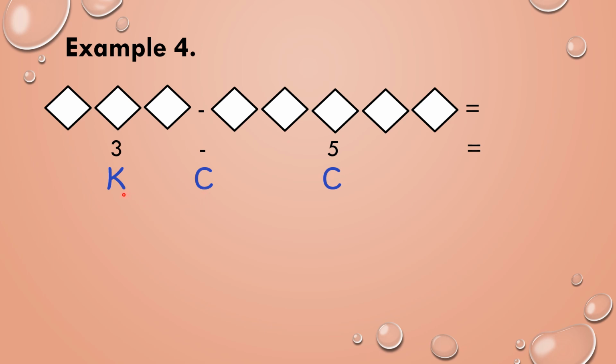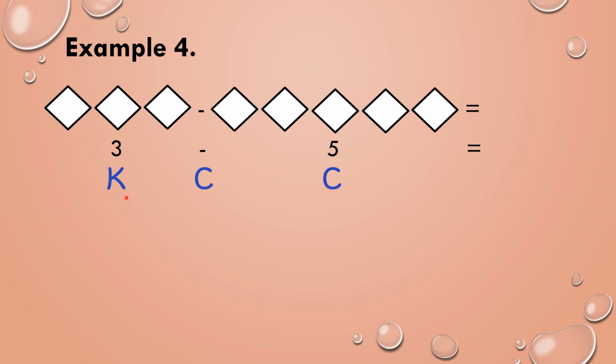Yung K, itatapat natin sa unang number, which is the positive 3. Yung unang C, itatapat natin sa minus sign. And then, yung pangalawang C, itatapat natin sa pangalawang number, which is the positive 5. Again, K means keep, C means change, at ganun din yung isa pang C. Ano ba kapag sinabing keep?